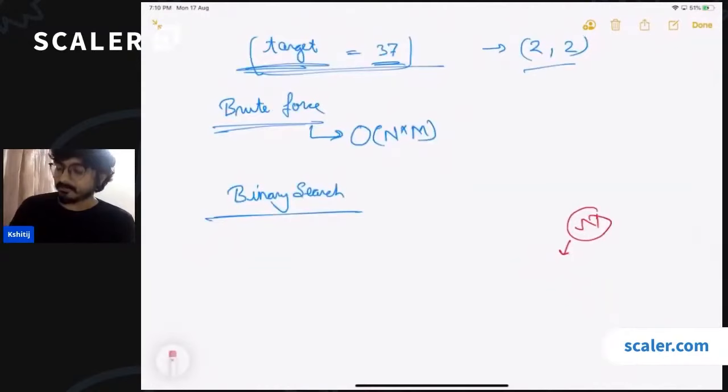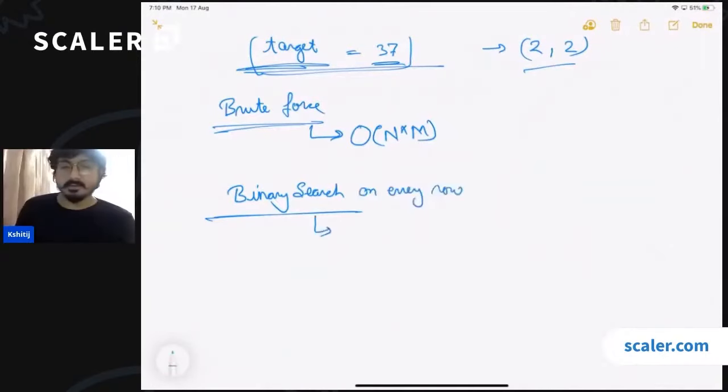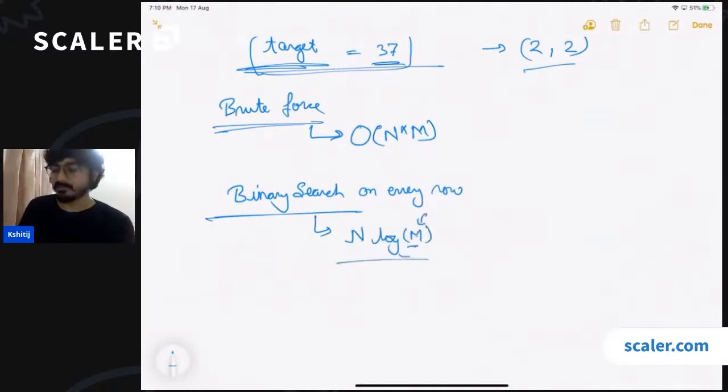So if you apply binary search on each and every row, what will be the time complexity? There are n rows and there are m columns. So there are m elements in each row, right? So this is going to be the time complexity. Okay, cool. Can we do better?